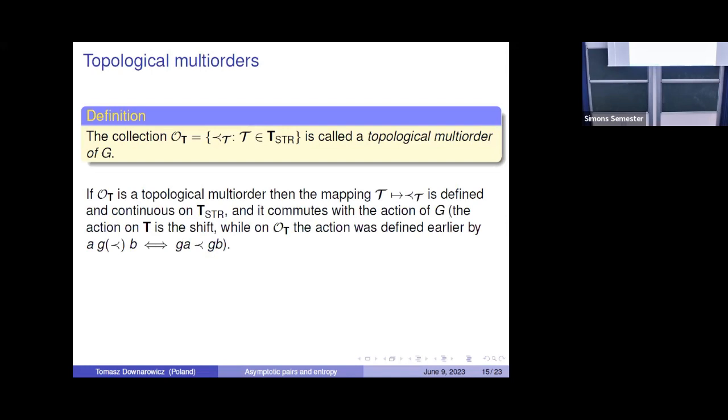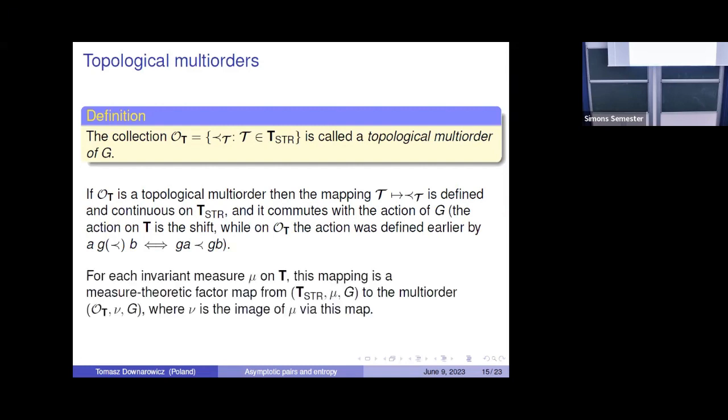Okay, so we have the mapping from tau to Pretz tau. It's defined and continuous, which is easy to check on this subset, and it commutes with the action of G, where the action of G on the tilings is the shift, and on the order is the action defined earlier. So we have a factor, but not defined everywhere, only on a large set. But this set has full measure.